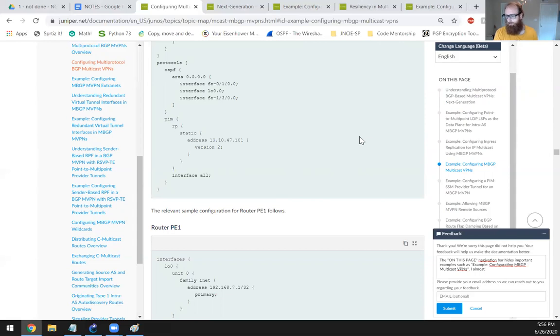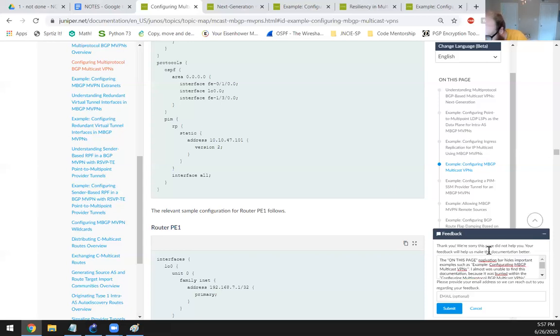I almost was unable to find this documentation because it was buried within the configuring multi-protocol BGP multicast VPNs section, and impossible to be found unless by accident or if you already knew where to look.